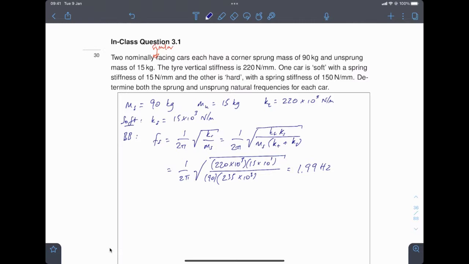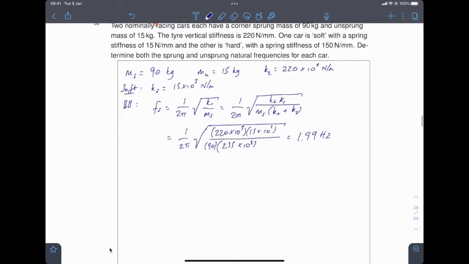The wheel hop for the soft car, FOU, is 1 over 2 pi, square root of KS plus KT divided by MU. Just plugging the numbers in here.